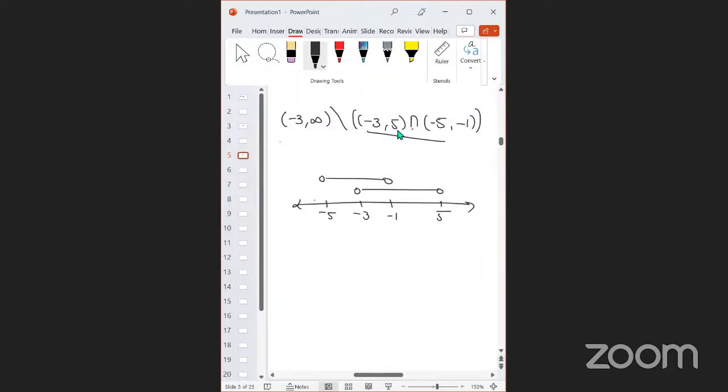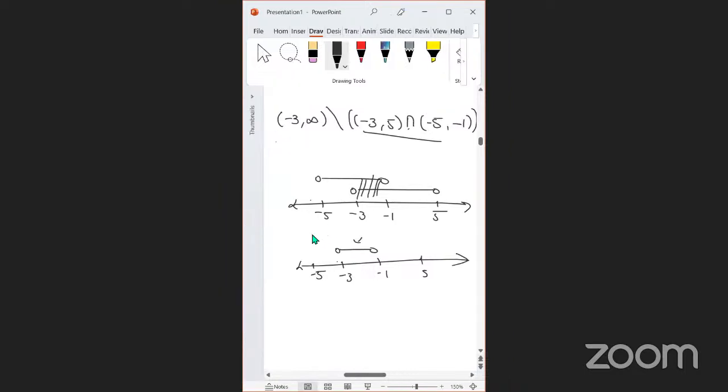We have to take the intersection of these two, right? So only this much portion is coming, from here to here, which was given in the solution.